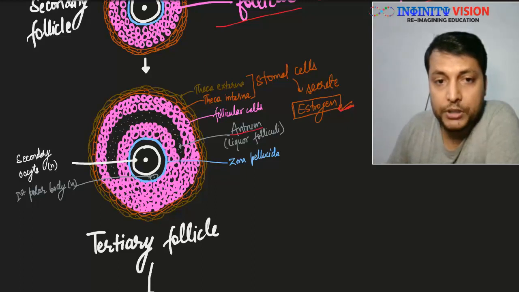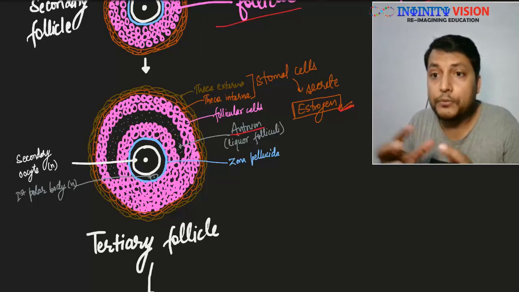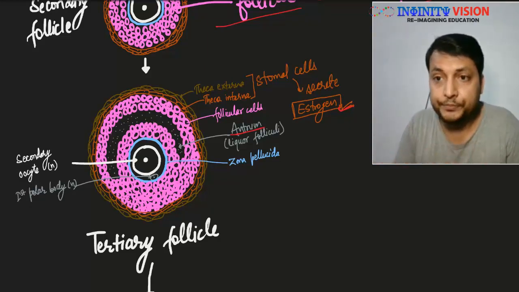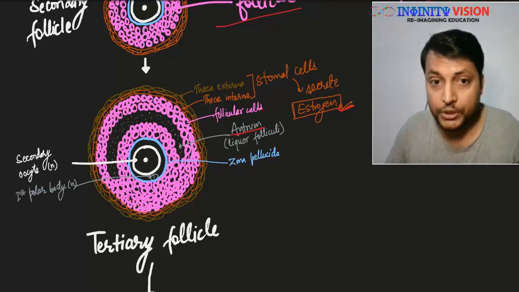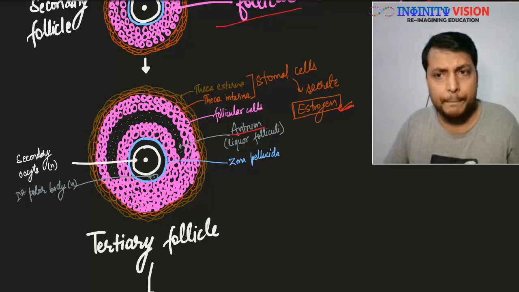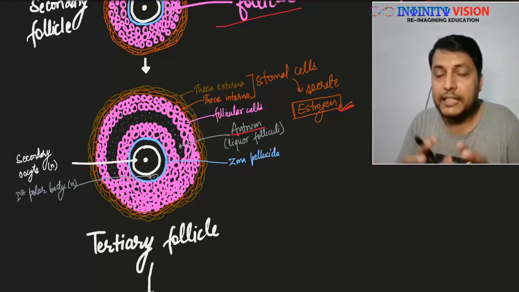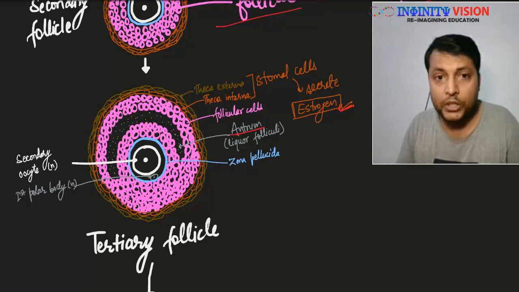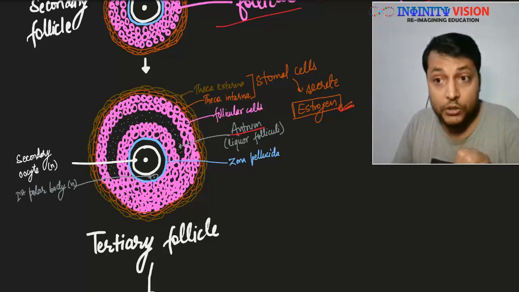This is very important. So antrum is formed. What is antrum? It is a fluid filled space. The fluid filled in this antrum is called liquor folliculi or liquor follicle. Both are correct. Mainly it is called liquor folliculi. So there is an antrum that develops in the membrana granulosa, and this antrum is filled with liquor folliculi.